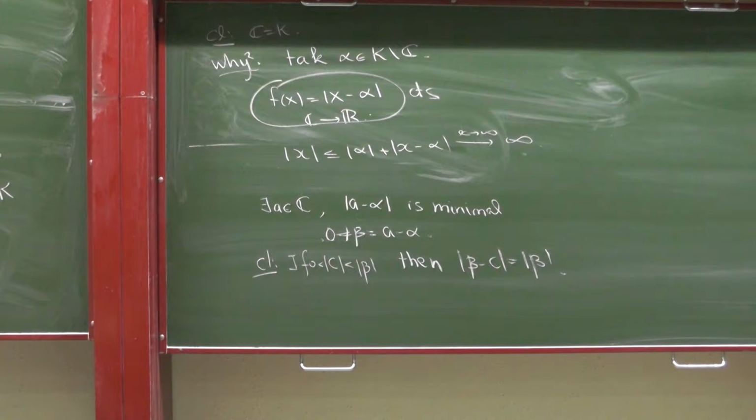So, contradiction. So now I find K equals C, and the absolute value is what we expect.